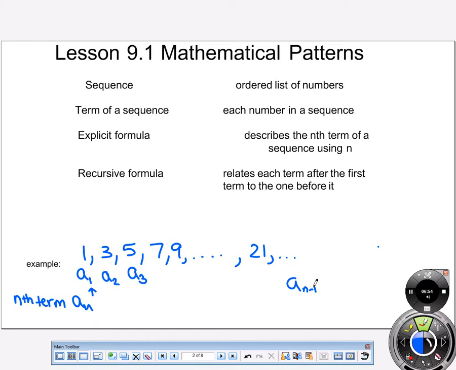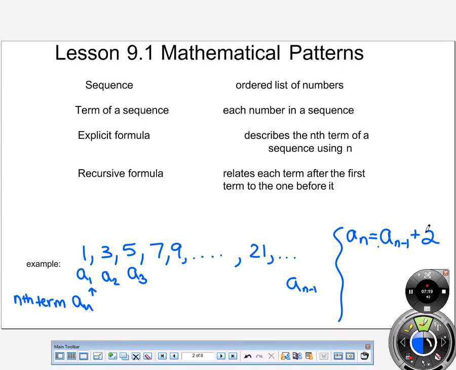All right, so talking about the cups real quick, a side note. A recursive formula for the cups would say you find the height of the stack of cups by taking the height it was 1 cup before, and we said we're going to count the rim as 2, and adding 2 centimeters.